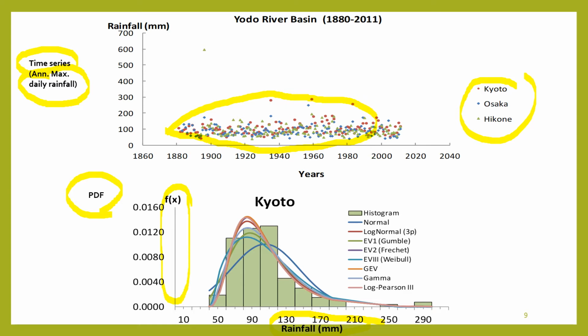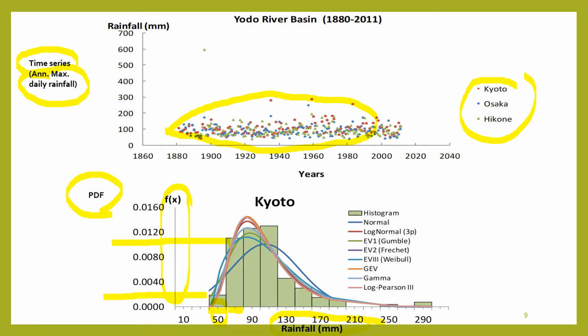For this case, for example, in the range of 10, 20, 30, 40 to 60, the data in the range of 40 to 60 millimeter will have a probability of about 0.002. For example, for data between 60 to 80 millimeter rainfall, the probability would be around 0.01. So this is the PDF.